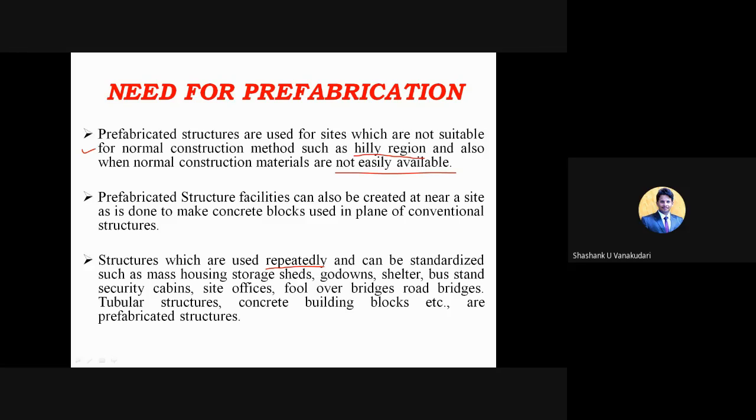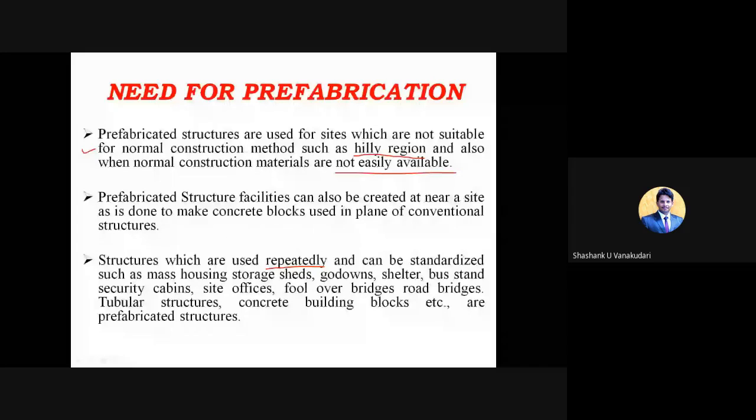So they are just examples of where exactly they can switch to standardized structures. Standardized structures means the dimensions and size of the structural elements and other properties like weight and density should be similar with respect to all the buildings or structures.